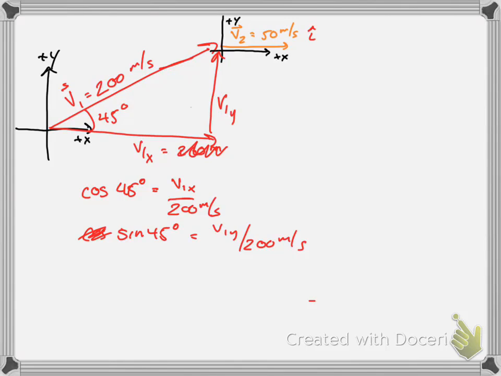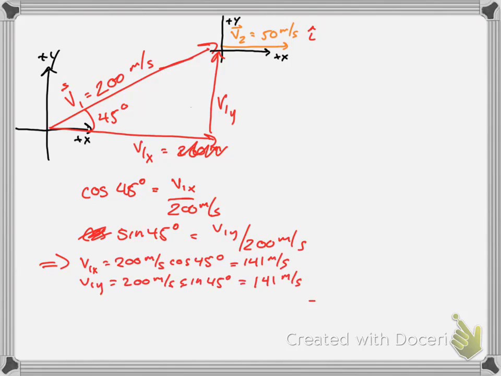It's not a definition, right? It's just the geometry of the right triangle, SOHCAHTOA. By plugging into the calculator you find that v1x is equal to v1y, and they're both 141 meters per second. Remember, v2x is 50 meters per second, and v2y is 0 because v2 is all in the x direction.